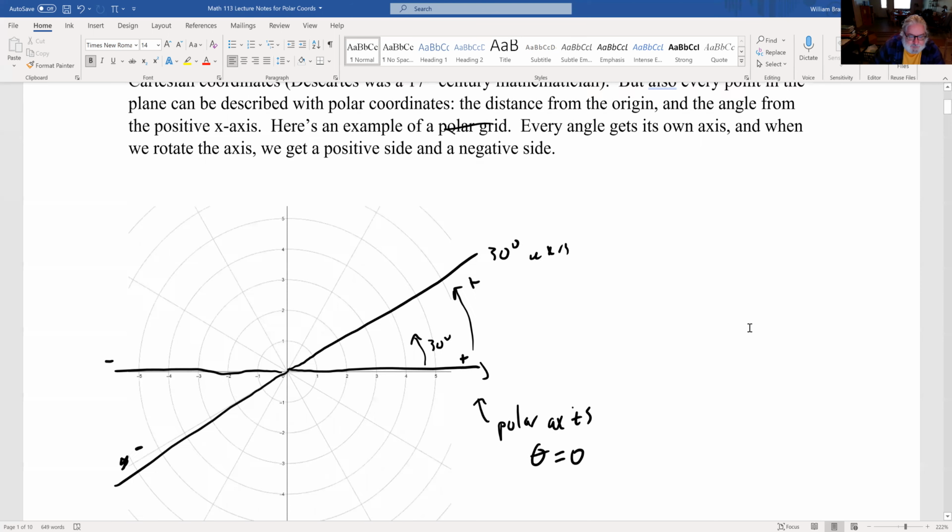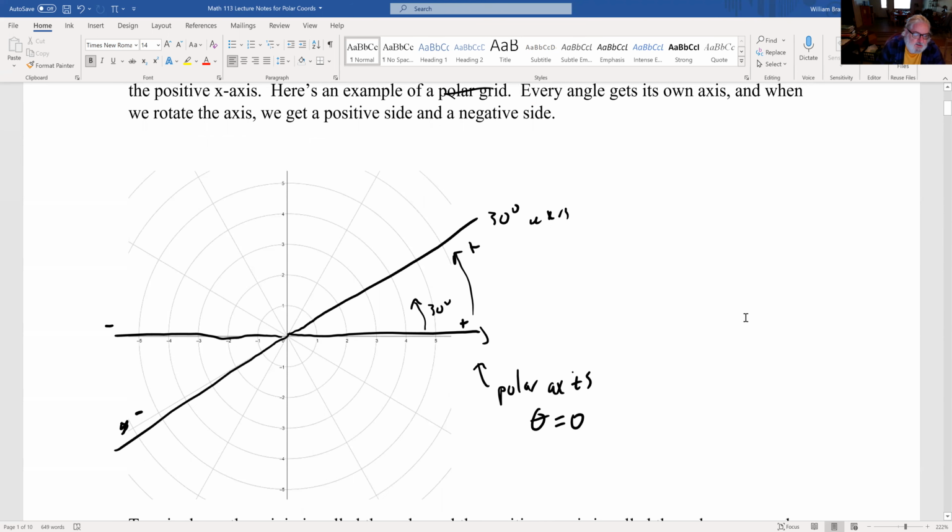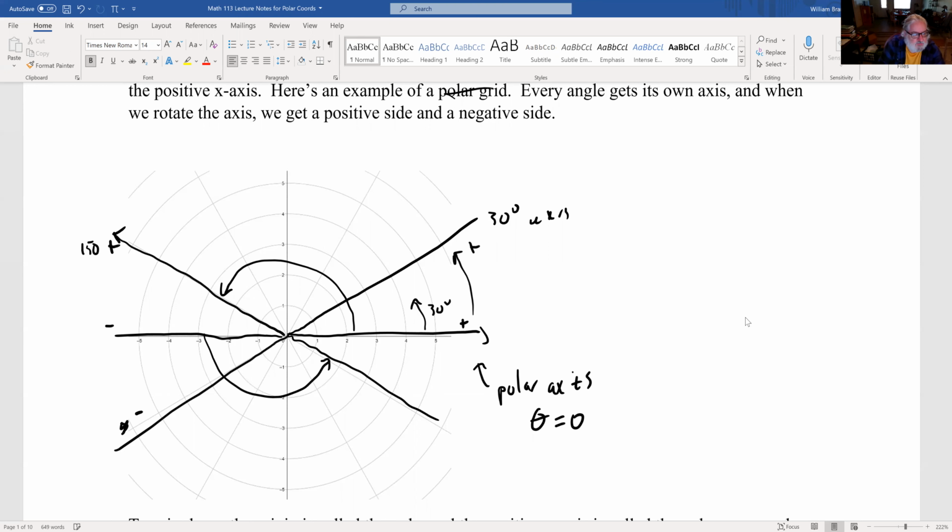And if we rotate it 150 degrees, that's the angle 150. This is the positive side, because the positive side of the x-axis rotates to 150, and the negative side rotates over there. So this is the positive side of the 150, this is the negative side.